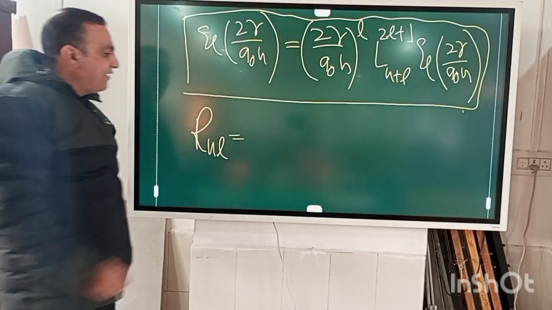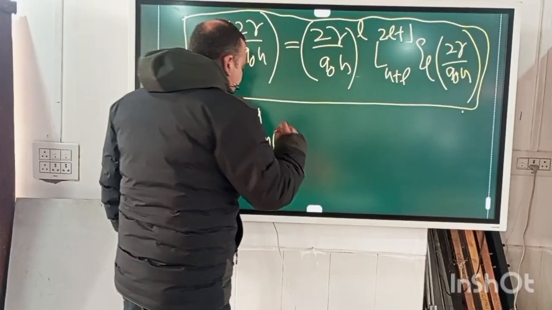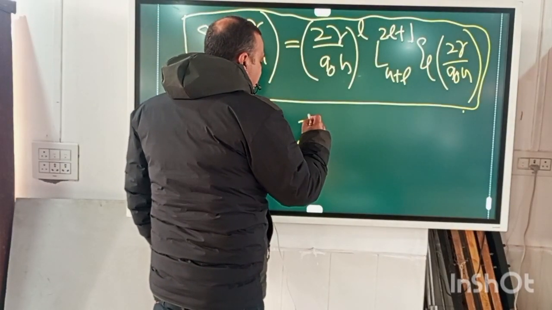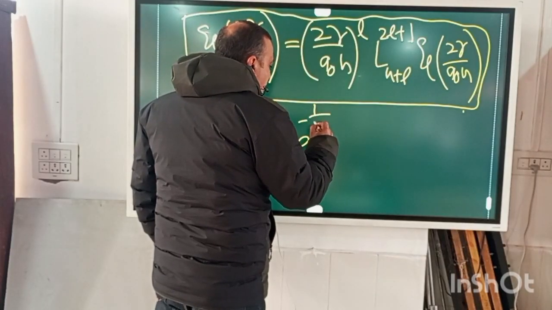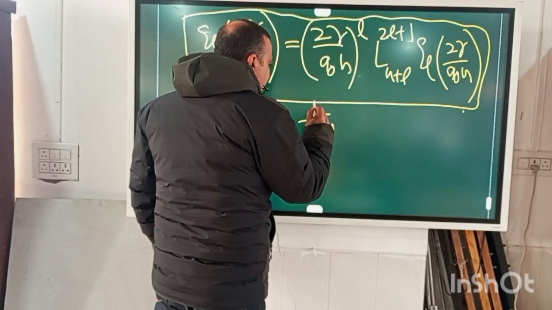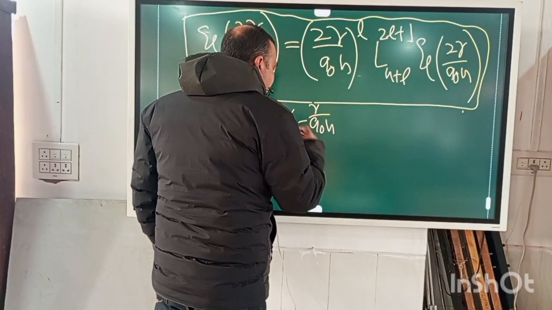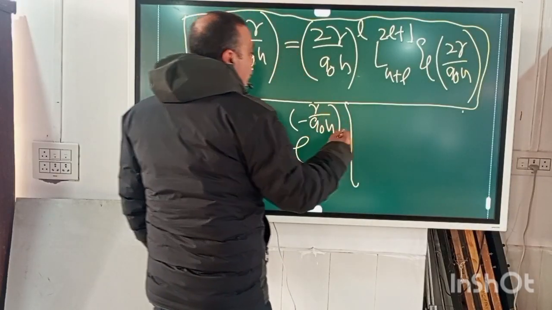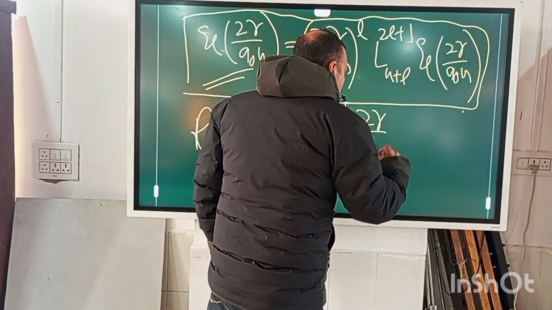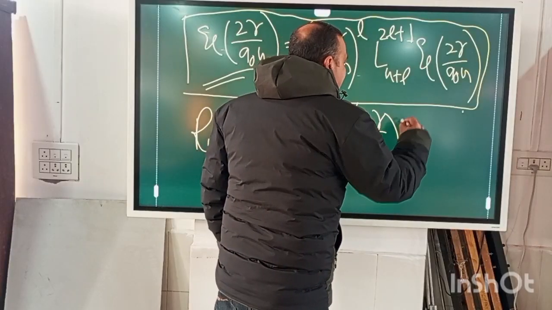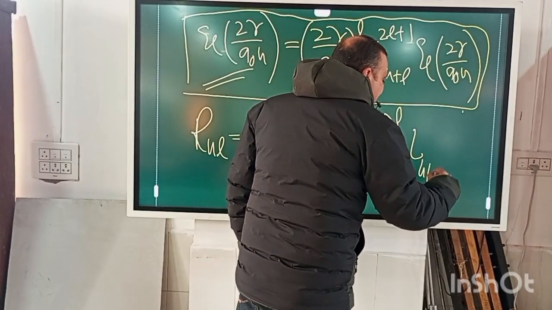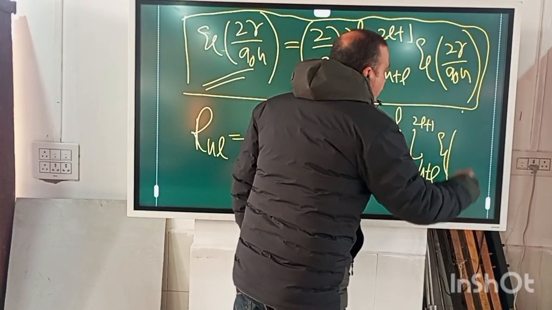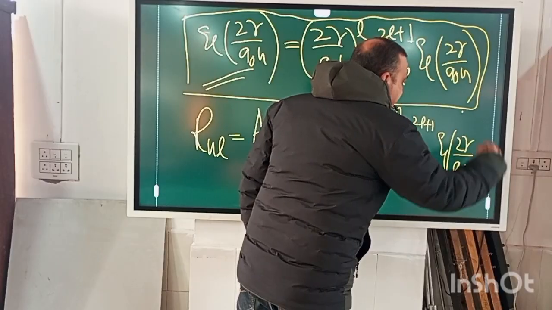Okay, R n l will be A n l, and then e to the power of minus r by a naught n, and then we have 2r by a naught n whole raised to the power l, then L n plus l, then 2l plus 1 zeta of 2r by a naught n.